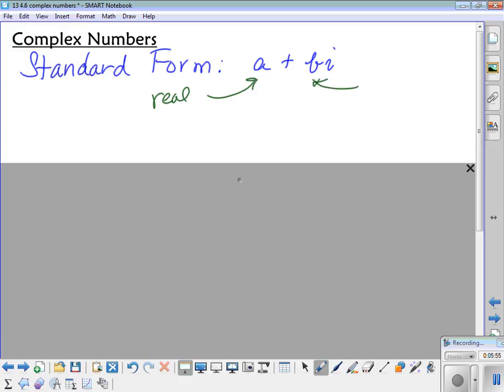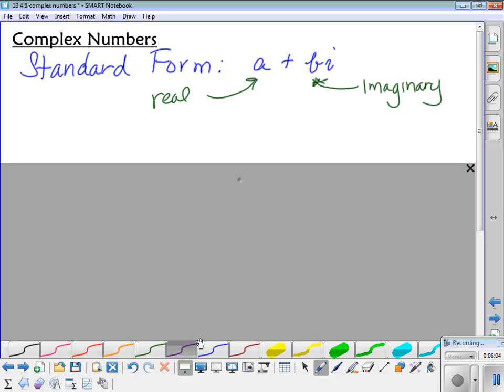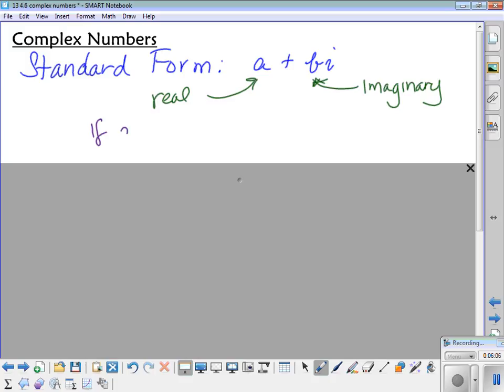And that's my imaginary part. And if a is equal to 0, then I have a pure imaginary number.